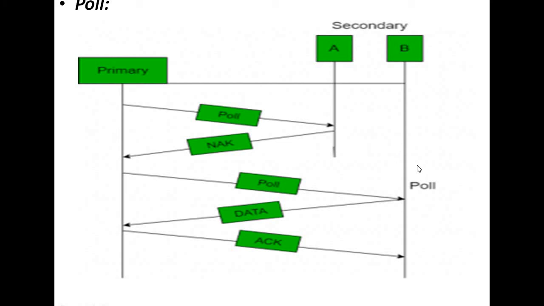And if it has something to transfer towards the primary site, then it transfers the data towards the primary site.